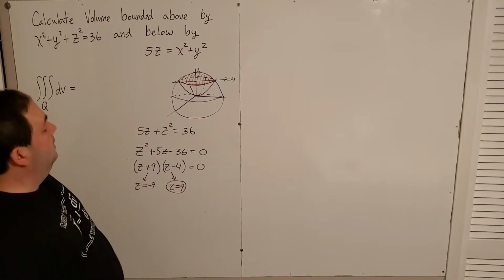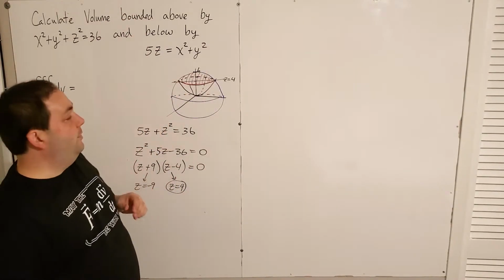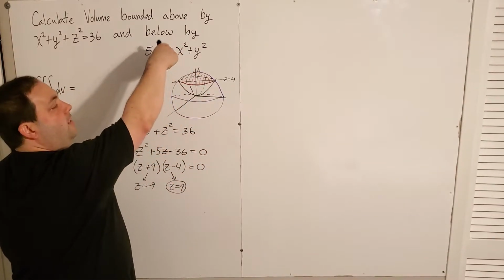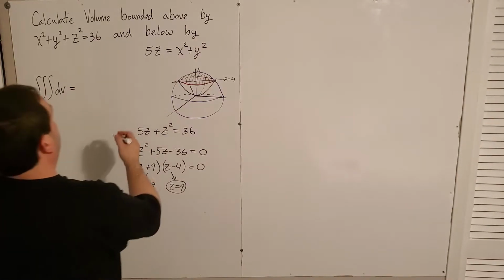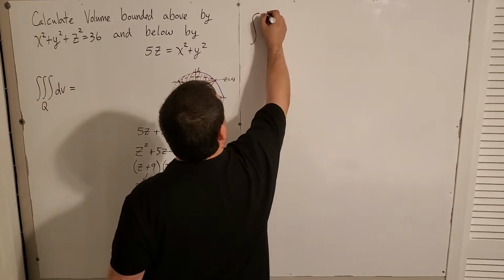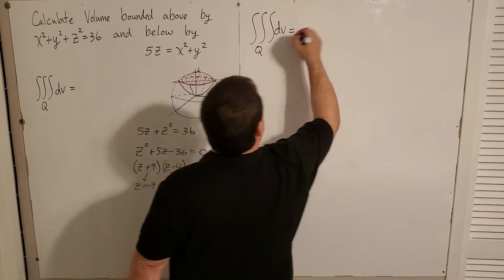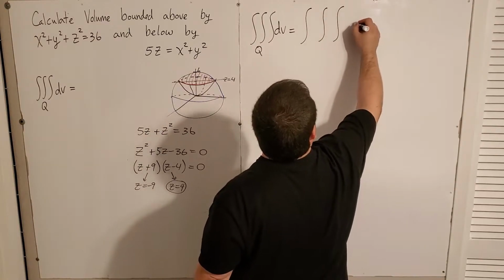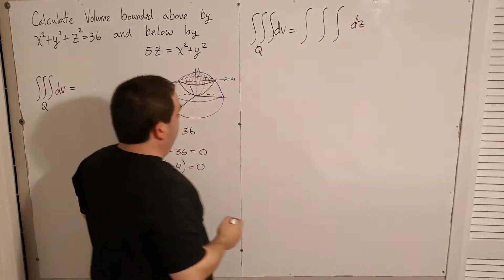So what we're going to want to do to make this a lot like the rectangular integrals you're familiar with is we're still going to integrate all of the z heights between these two. So I'm going to set the integral up rectangularly, so that our first integral is dz, and then the bottom and then the top.